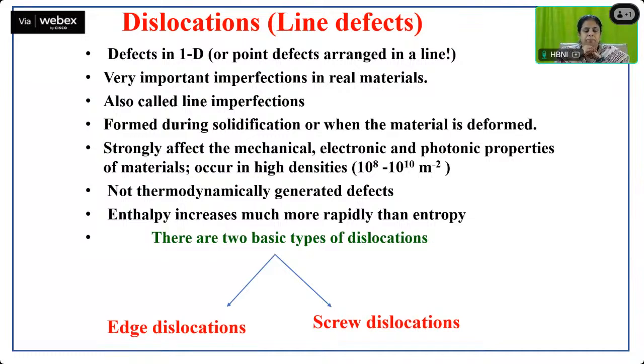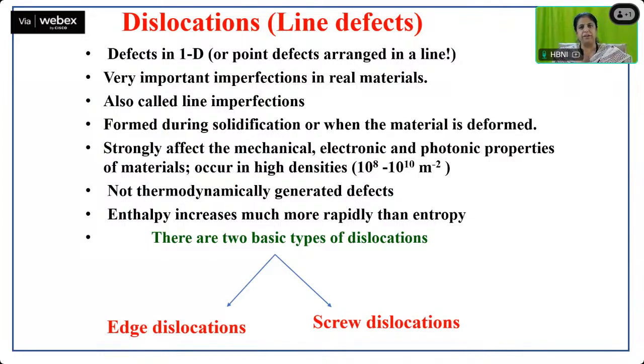They are formed by some sort of deformation during the solidification or during the synthesis or during the crystallization. When the material is deformed, these line defects creep into the material. Okay. And because they are not thermodynamically generated, they raise the energy of the system. So one dimensional defects, repeating it, unlike 0D defects, are not thermodynamically stabilized defects.